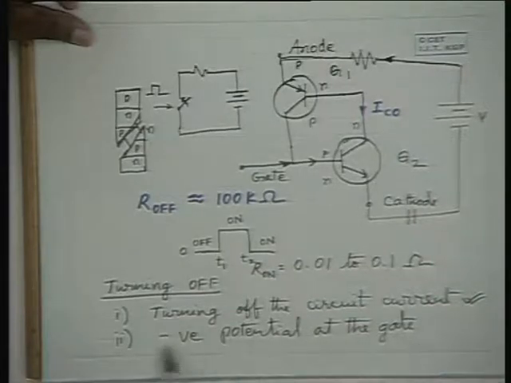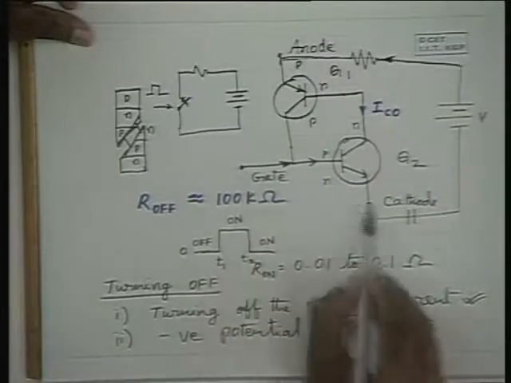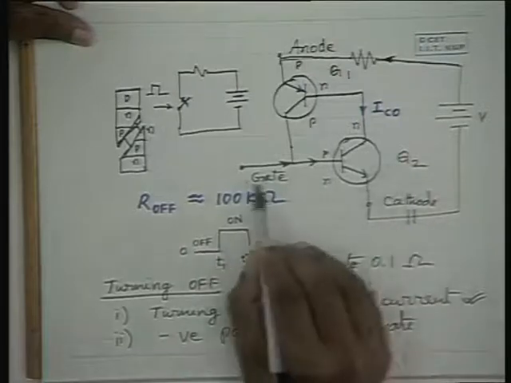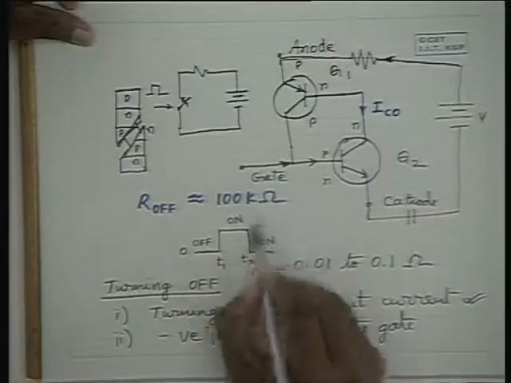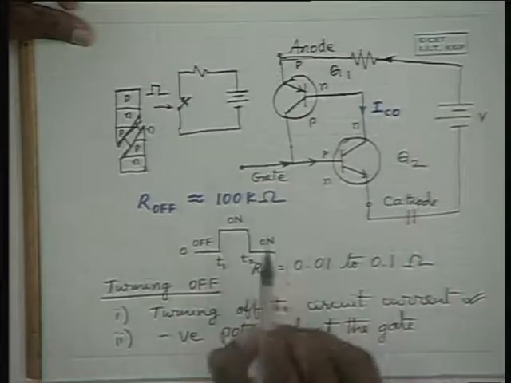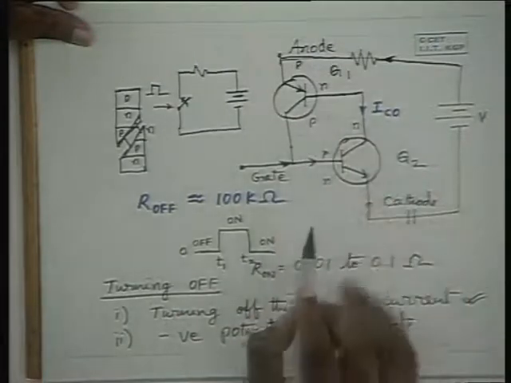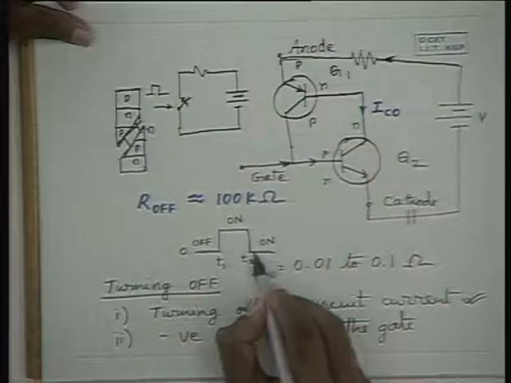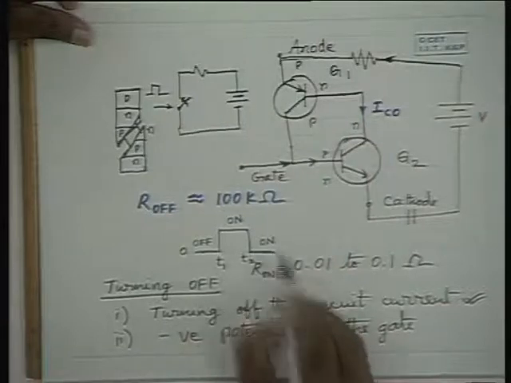Similarly, when a negative potential is applied to the gate, that means to the gate with respect to the emitter of Q2, initially say it is in an on condition, like it is here now. Let me draw it separately.